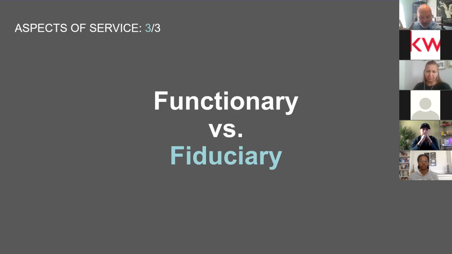Oh, okay, I skipped over a part. A functionary, in comparison, is one who completes tasks for a client, whereas a fiduciary completes tasks and goes beyond by placing their client's interests ahead of all, even their own. Okay? In this process, you will make choices for your client. You will help your client.